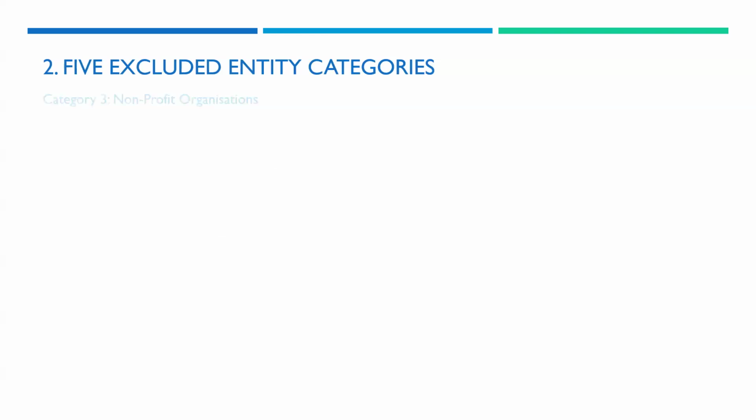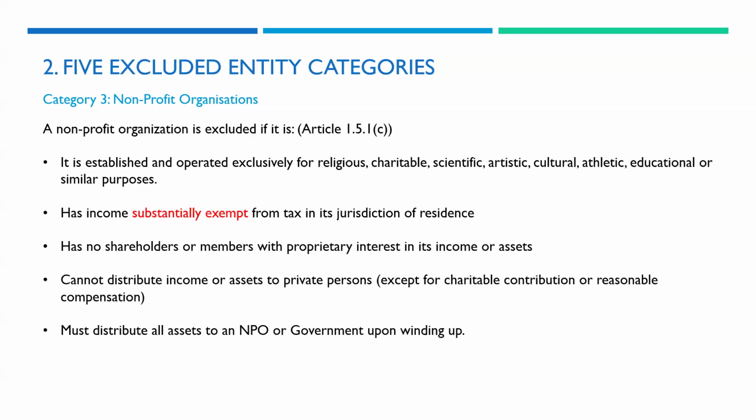Okay, now not-for-profit organizations. Not-for-profit organizations are also excluded entities, provided it is established and operated exclusively for religious, charitable, scientific, artistic, cultural, athletic, educational, or similar purposes, has income that is substantially exempt from tax, has no shareholders or members with proprietary interest in income or assets, cannot distribute the income to private persons except for charitable contribution or reasonable compensation, and must distribute all assets to an NPO or government on winding up.